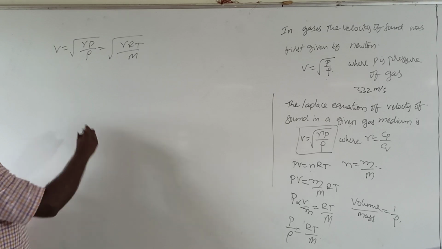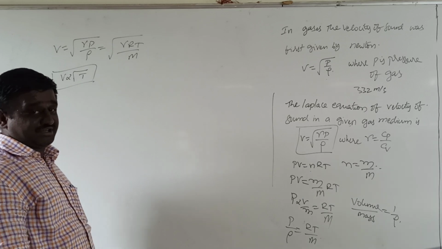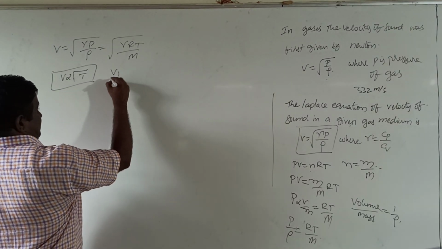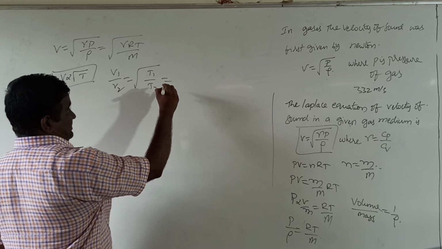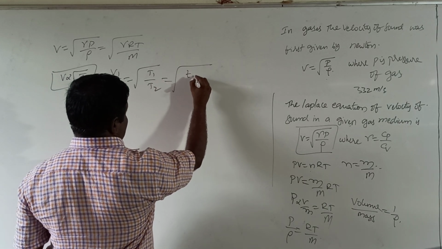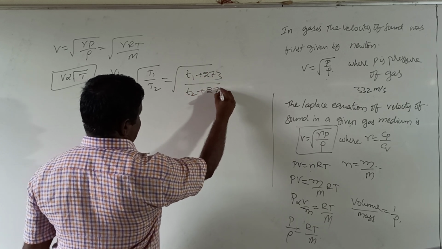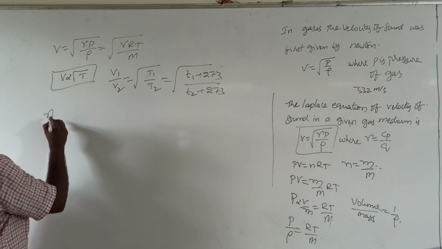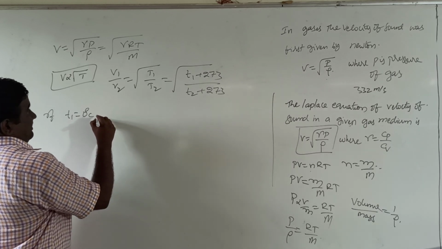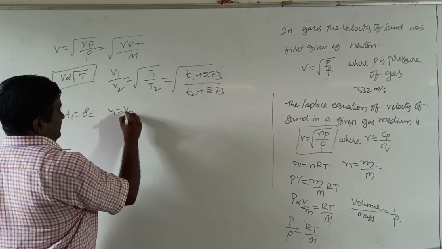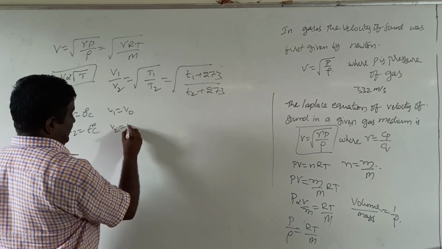From this equation we write that the velocity of sound is directly proportional to the square root of the temperature. Then we write V1 by V2 equal to root over T1 by T2. Temperature is taken in Kelvin, so T1 plus 273 by T2 plus 273. If T1 equal to 0 degree centigrade, then V1 equal to V0, and T2 equal to t degree centigrade, V2 equal to Vt.